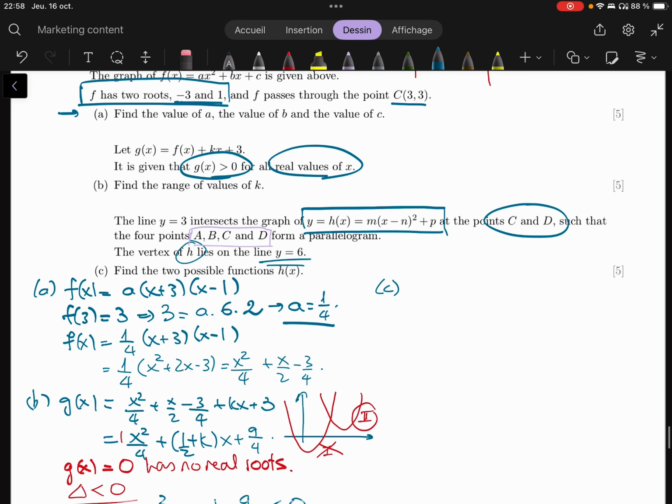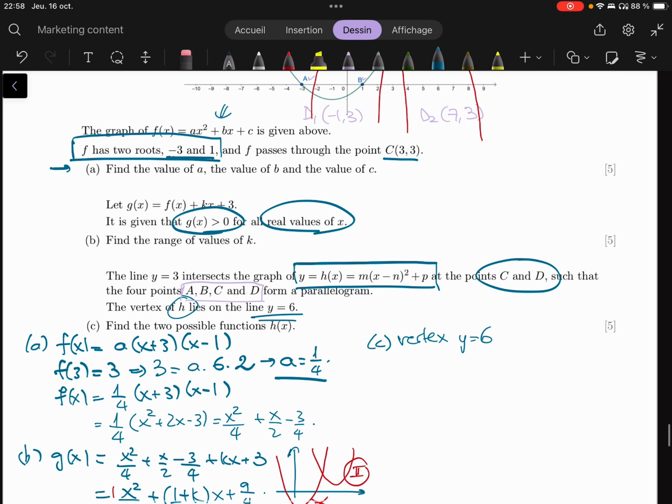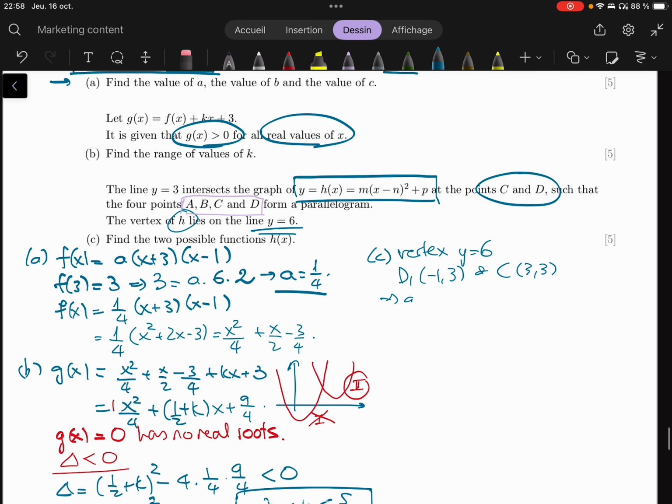So let's look at the first scenario. Let's say that the vertex lies on y equals 6, and it also passes through the points D1 (-1, 3) and C (3, 3). This means that the axis of symmetry is x equals 1.